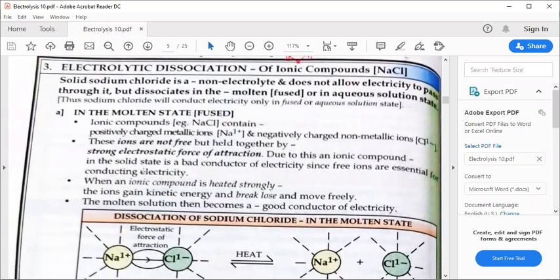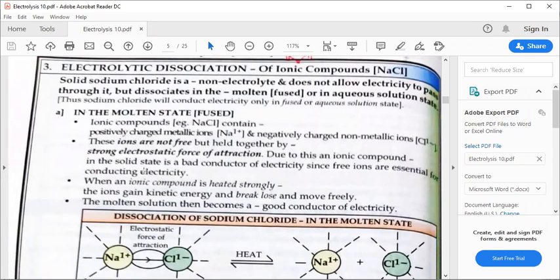It can dissociate only in molten and aqueous states, so molten and aqueous states can conduct electricity. Why are the ions not free? You also need to write: because they have a strong electrostatic force of attraction.